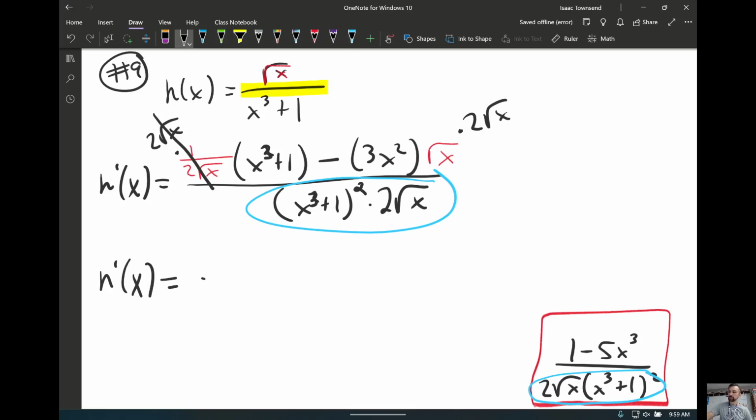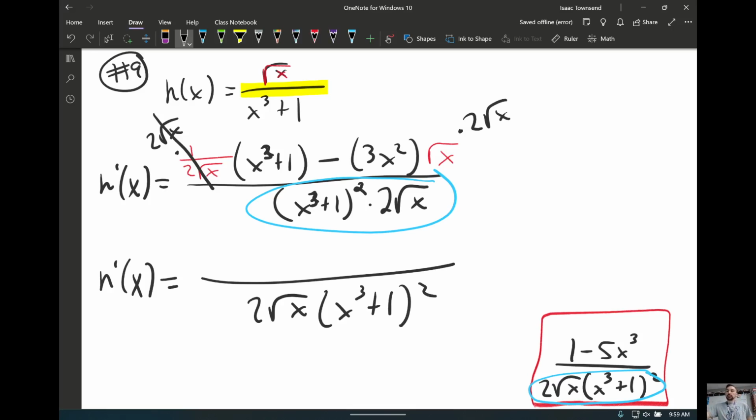My denominator has the parts that I want. Those canceled, left behind an x cubed plus 1. Over here, I've got a negative 3 times 2. I've got a square root of x times a square root of x times an x squared. What does all of that come out to be?